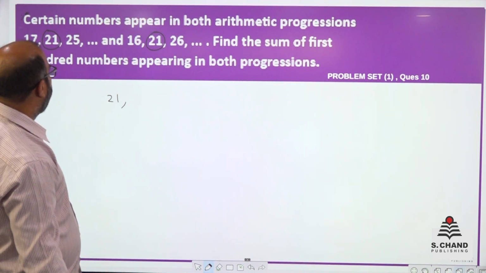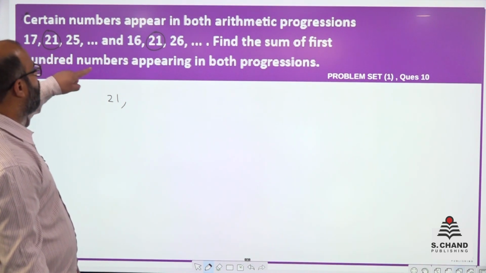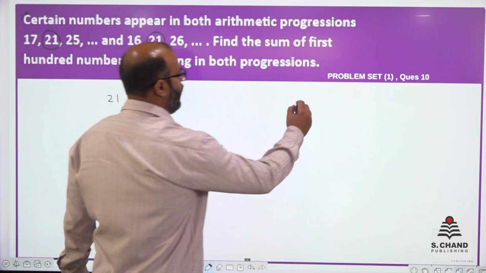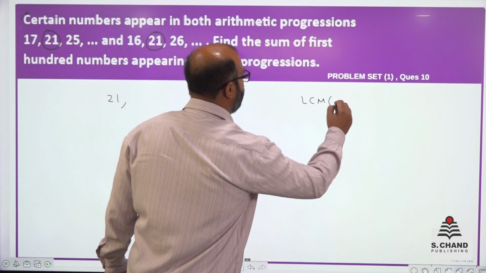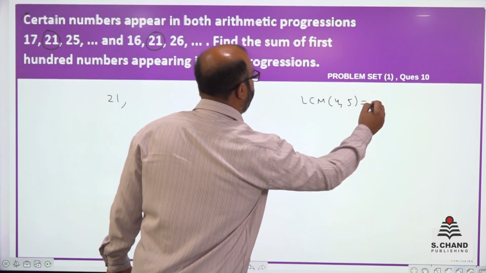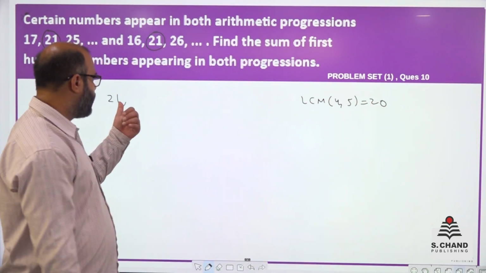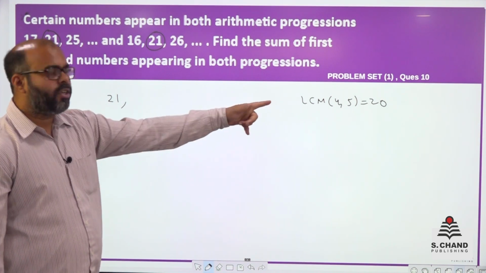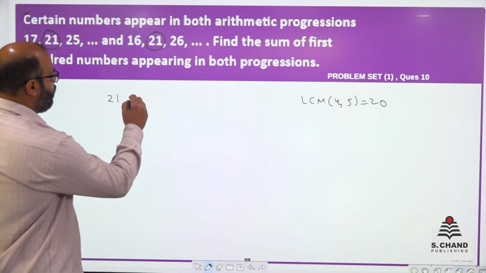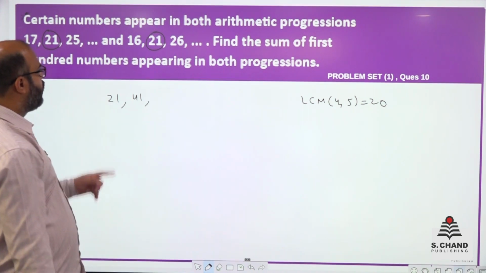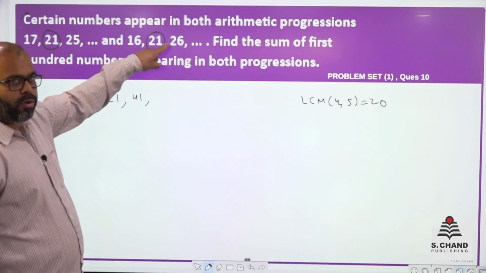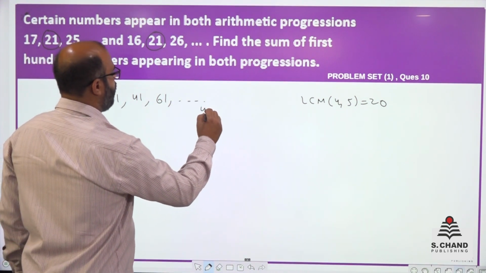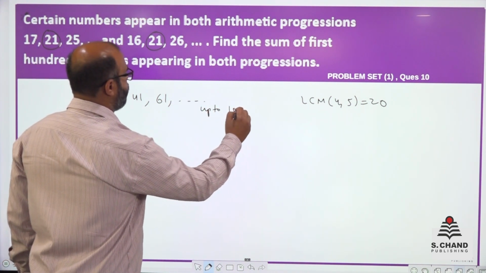You can see the common difference of this AP is 4, and the common difference of this AP is 5. So when you take the LCM of 4 and 5, you get 20, which means the common difference of this AP, which includes the common terms, is actually 20. So the next term after 21 is 41, and 41 will appear here also, here also. Then you will come to 61 and so on up to 100 terms.